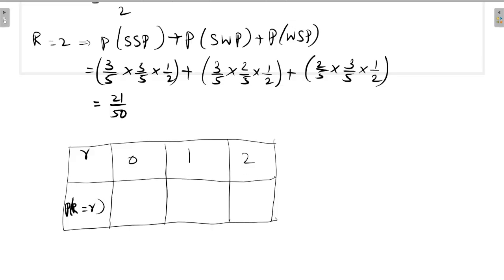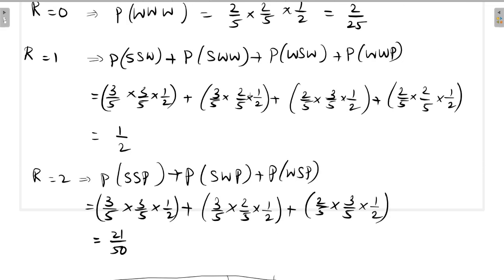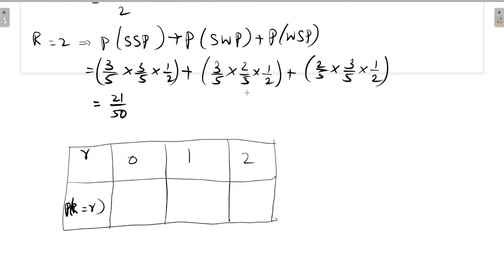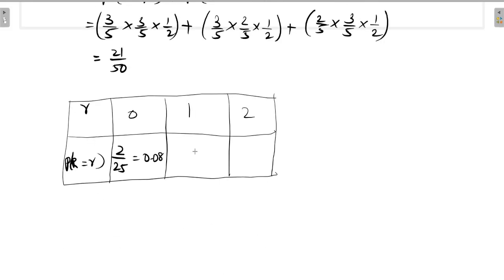Here the first, 0, is 2 by 25, the decimal expansion is 0.08. Then 1 is 1 by 2, the decimal expansion is 0.5. 2 is 21 by 50, the decimal expansion is 0.42. This is the required probability distribution.